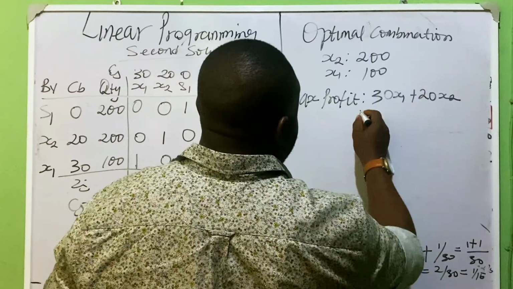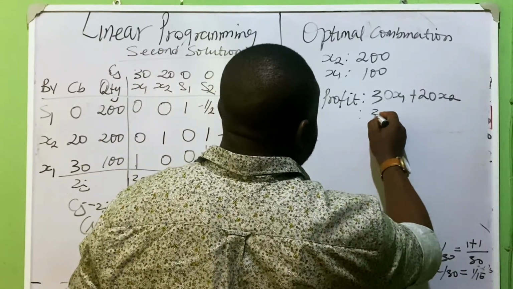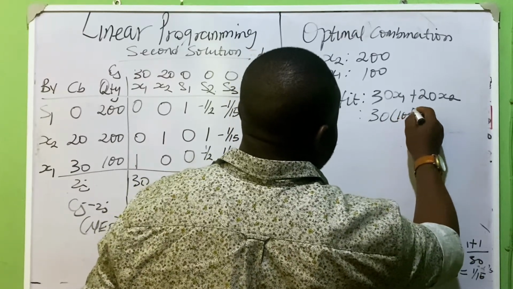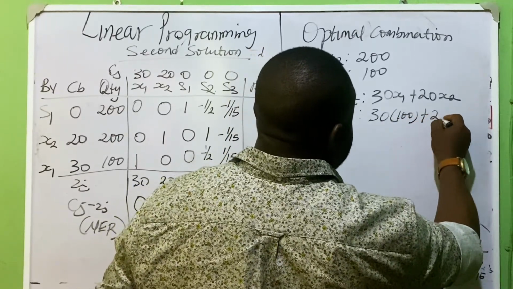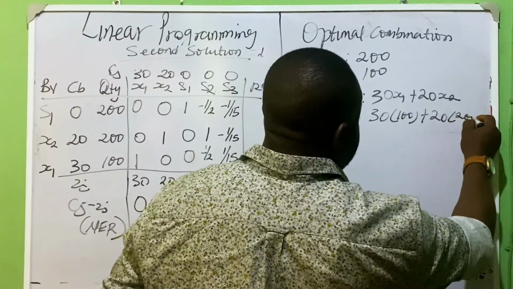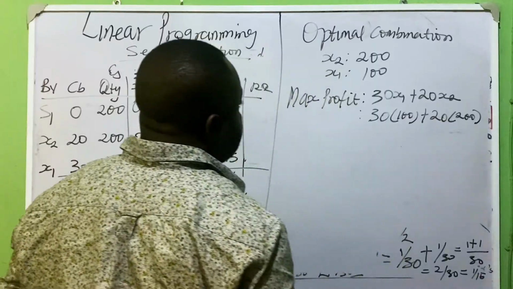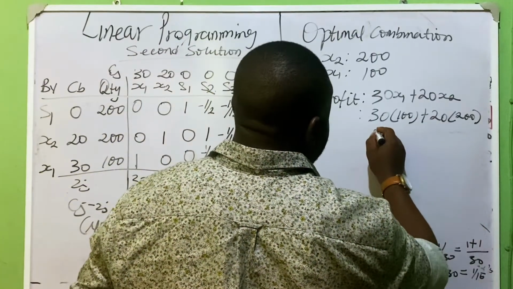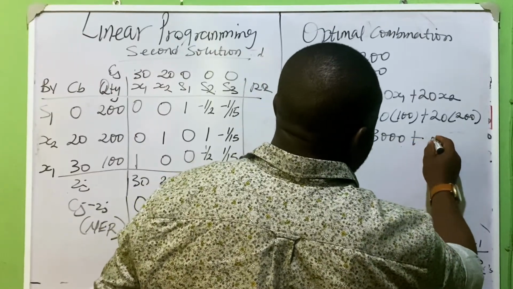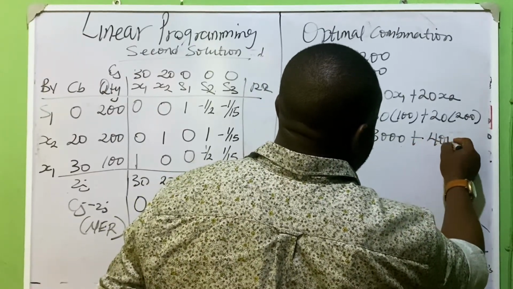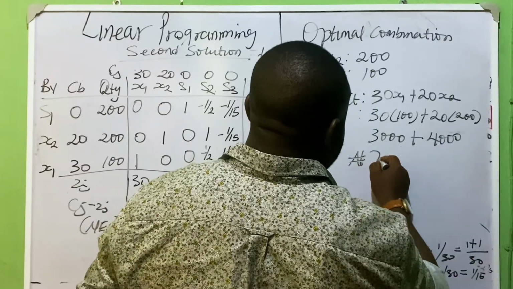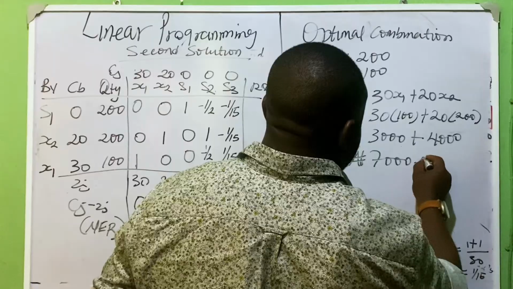So if we substitute, we have 30 by x1, which is 100, plus 20 by x2, which is 200. So we're going to have 3000 plus 4000, which equates to 7000 naira.